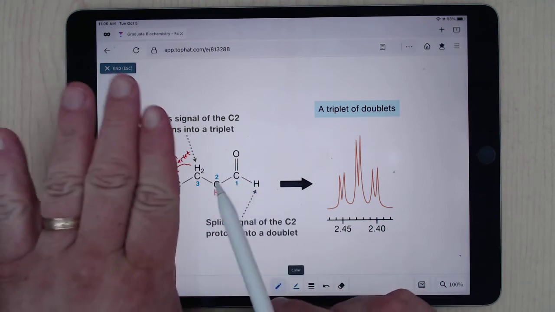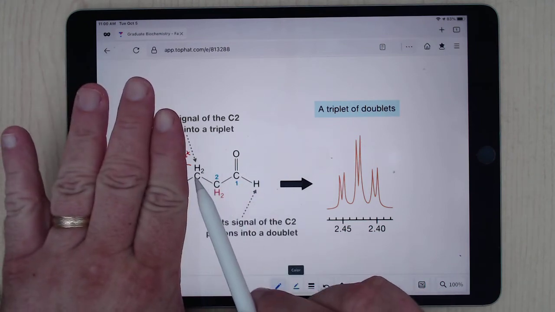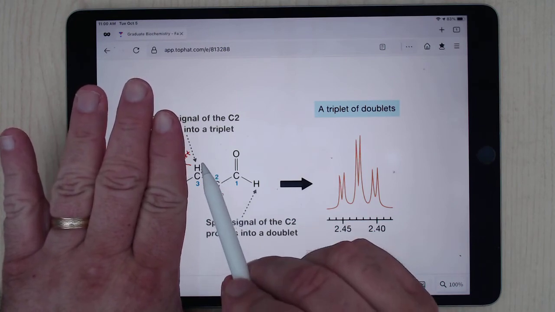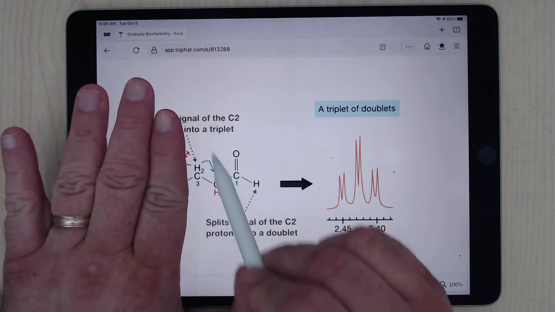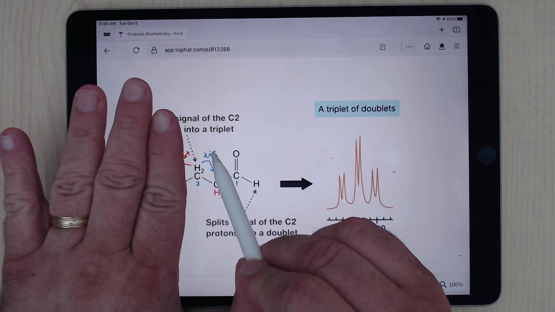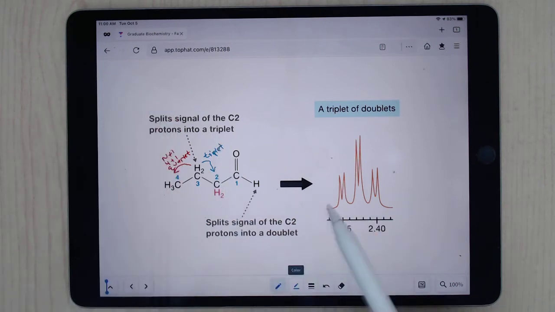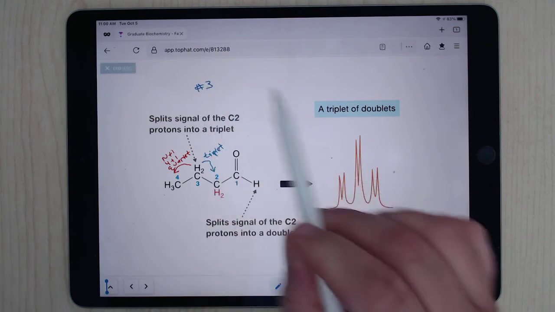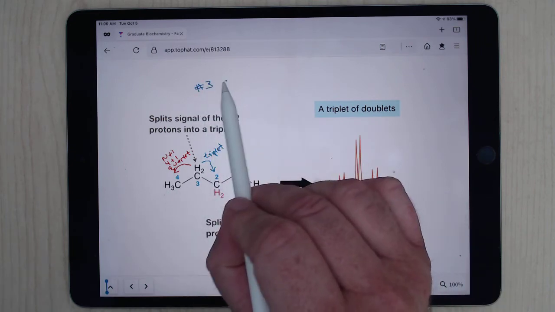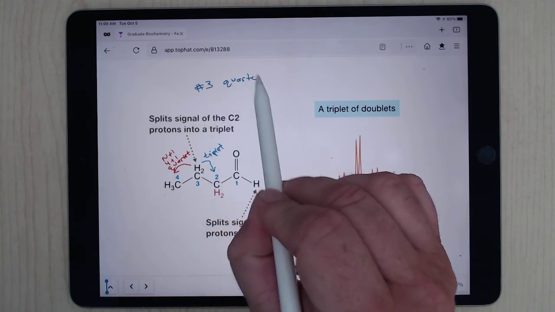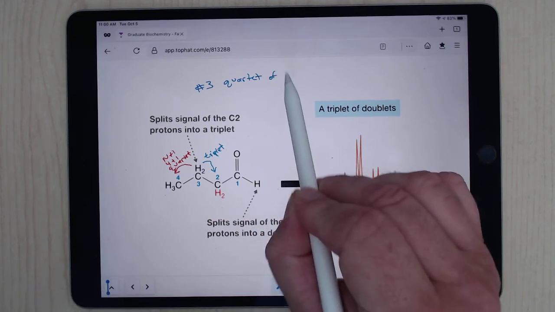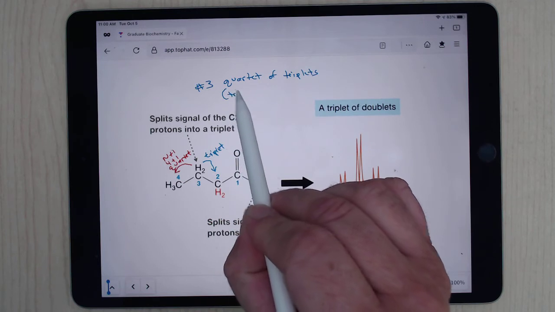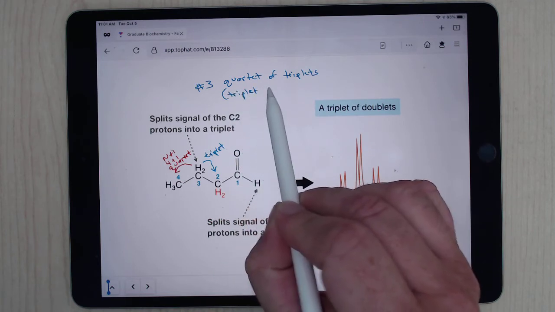If we ignore this side, these guys here would split the signal into a triplet. So the signal for number 3 would be a quartet of triplets, or a triplet of quartets. You really can't tell.